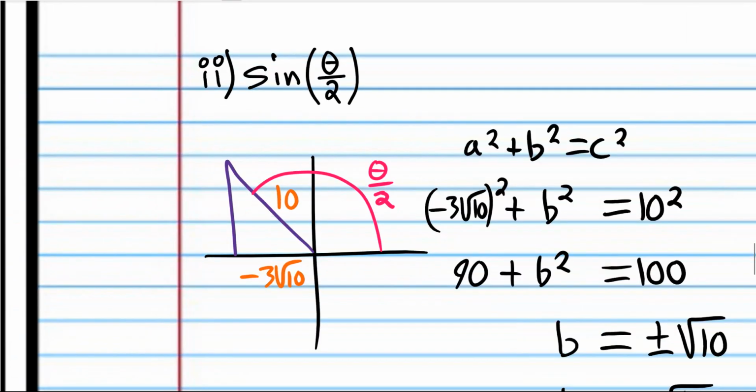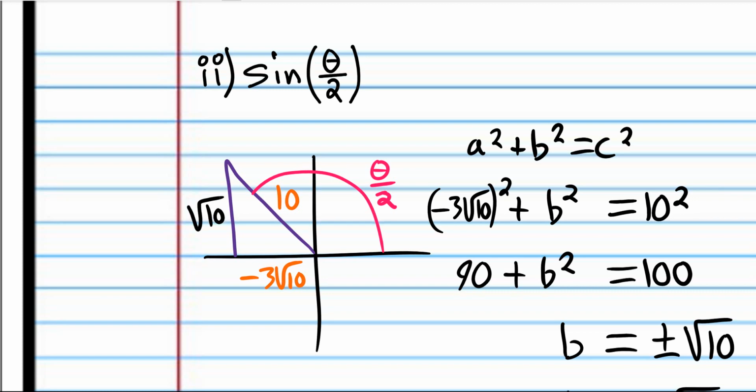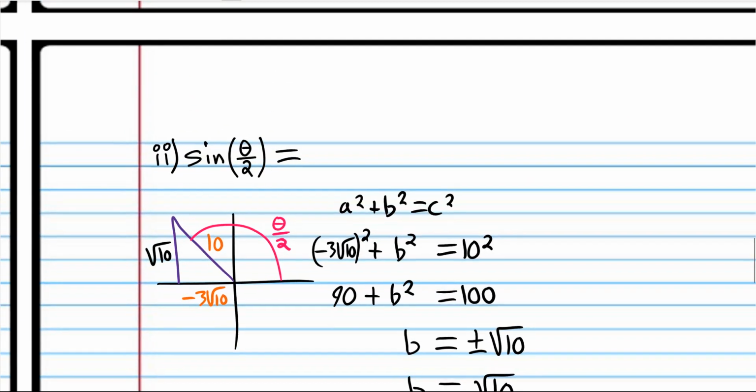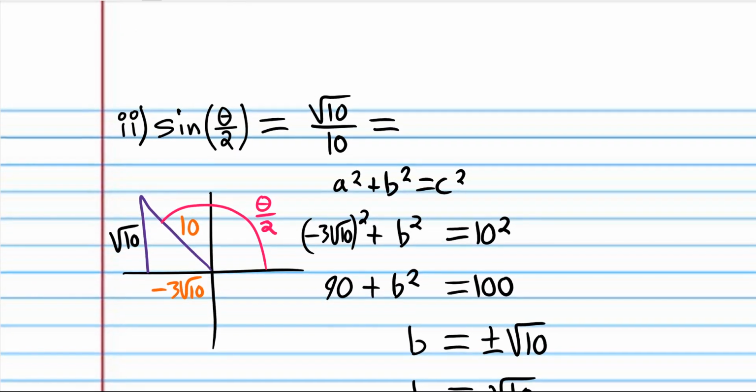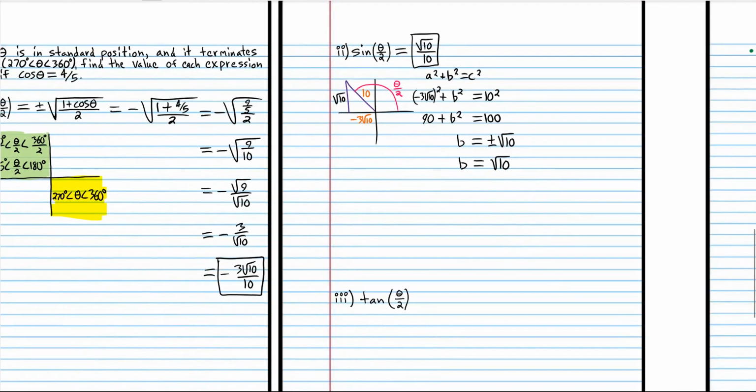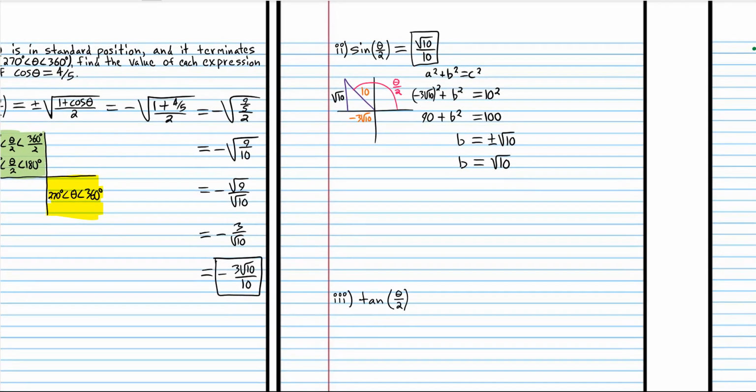So now let's write in root 10. And so sine theta over 2 is the opposite side of the triangle divided by the hypotenuse. And that's it, we're done. So now we're going to find tangent theta over 2.